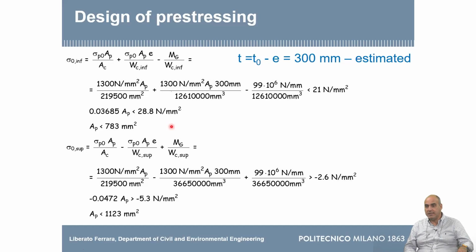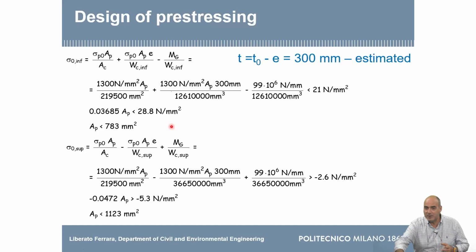Which condition was this? This was the condition at pre-stressing release, where you have only pre-stressing and self-weight. And we have said the pre-stressing dominates. So this condition provides you an upper bound for the pre-stressing. You cannot pre-stress too much.